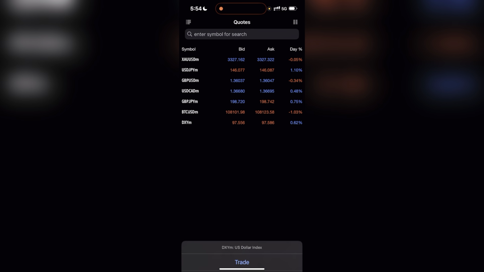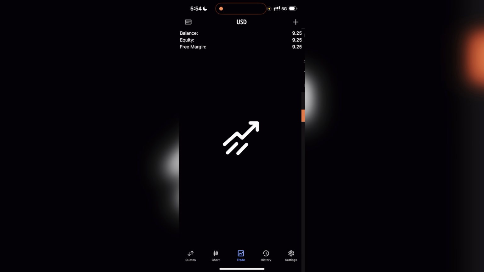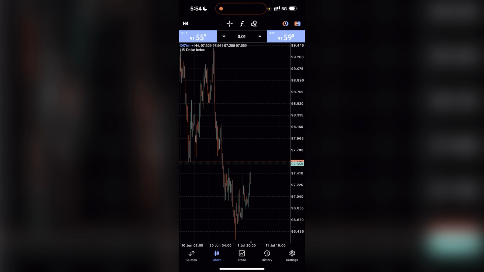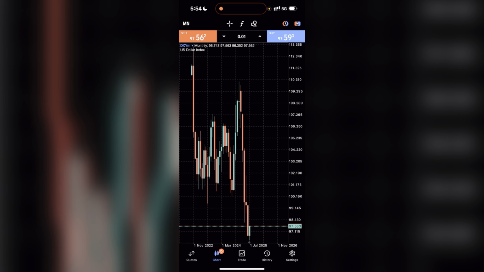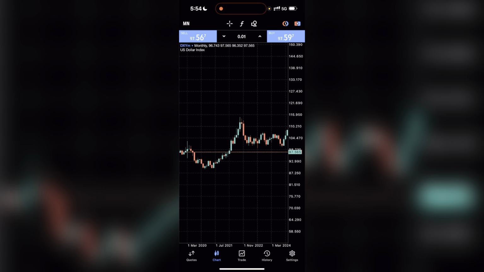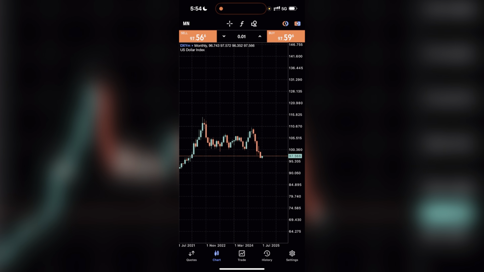So basically dollar index is the graphical representation of the strength of the dollar, of how it's doing per time. So what I'm going to do is go to the monthly chart so that I will show you something. Now, I told us that fundamental analysis is basically using geopolitical, financial, and economic factors to determine trade, right?